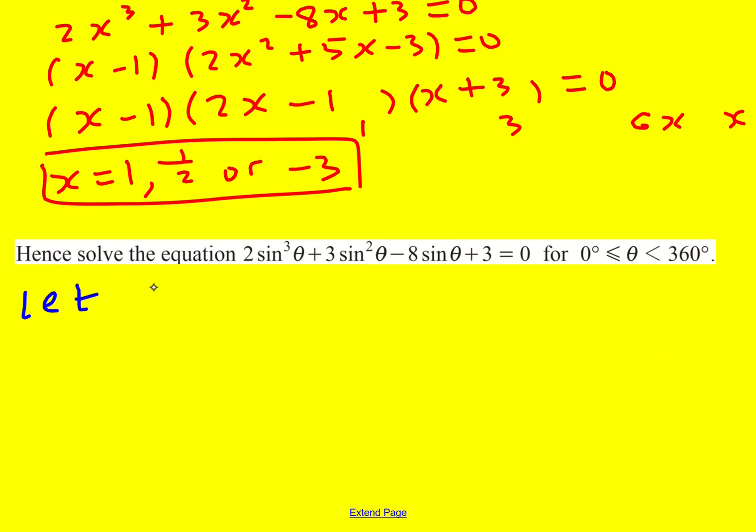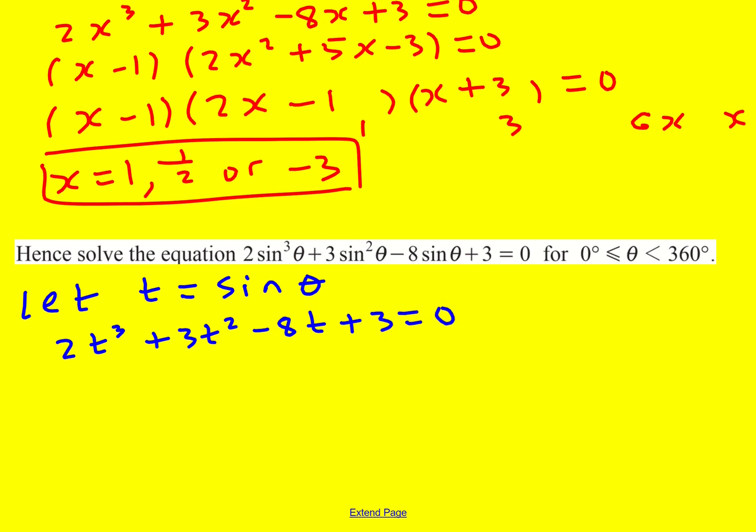So let t equals sine theta. Then we're going to get 2t cubed plus 3t squared minus 8t plus 3 equals 0. And this is what we just solved a minute ago. So t equals 1, a half, or minus 3.